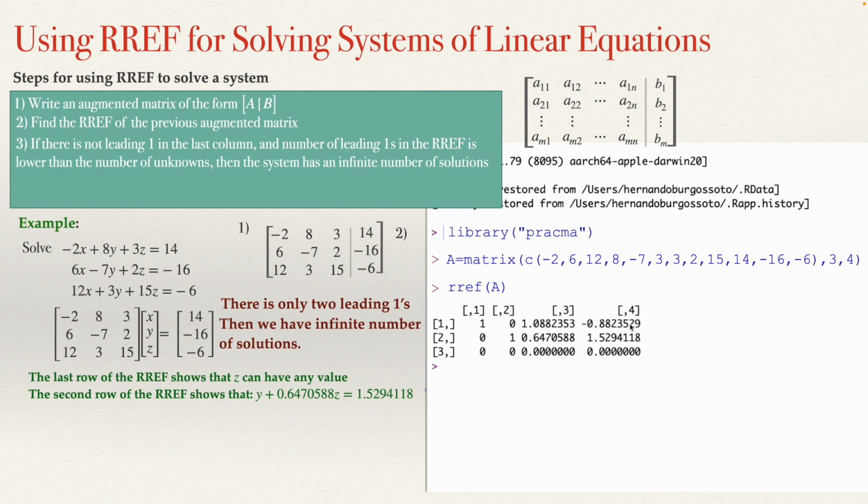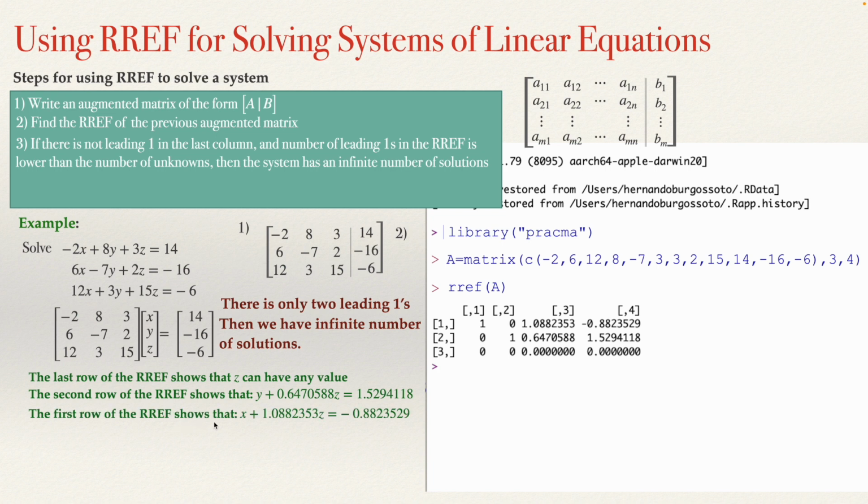And the first row gives you the value of x, so 1x plus 1.0882353 z, because this coefficient now appears in the third column, will be equal to minus 0.88235229.